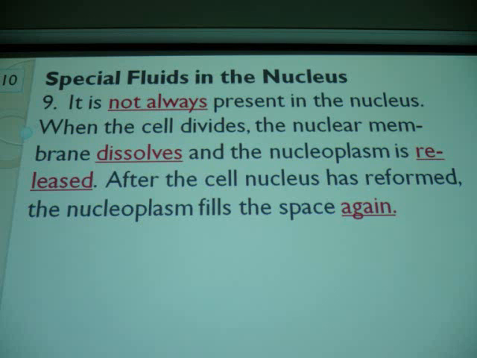The only time you see a nucleus, actually, is when that cell is not dividing. When it divides, that nuclear membrane dissolves, and the nuclear stuff gets to float out there among the cytoplasm like a prokaryote. So we know that for this to happen, it must revisit the years it was a prokaryote.